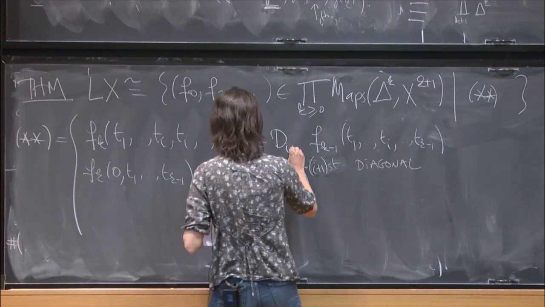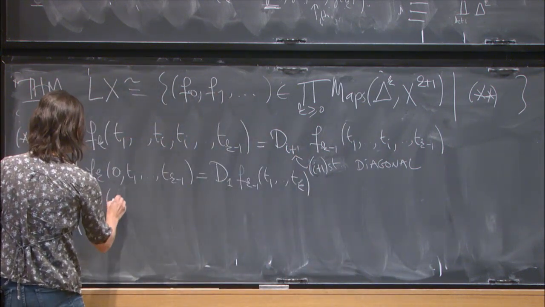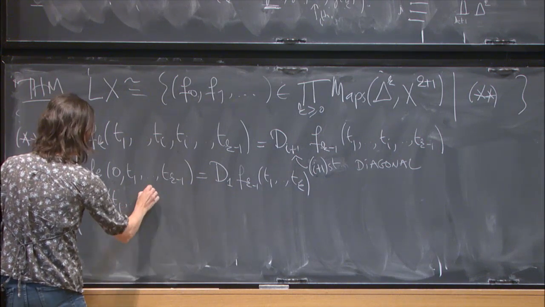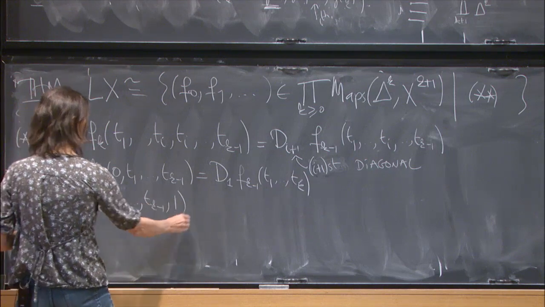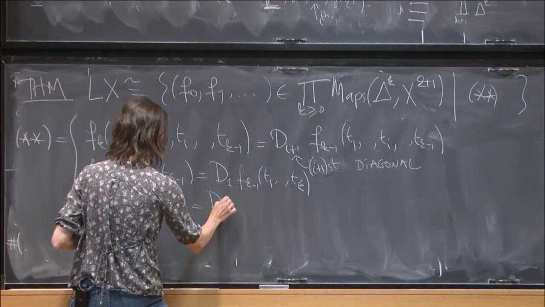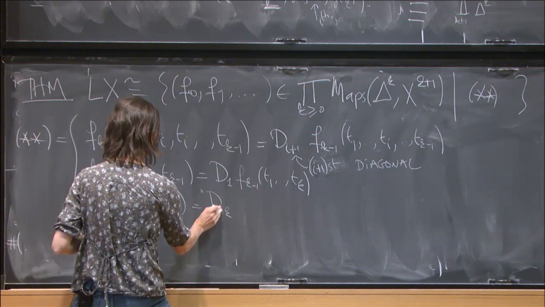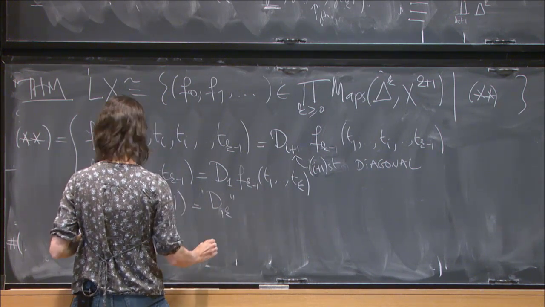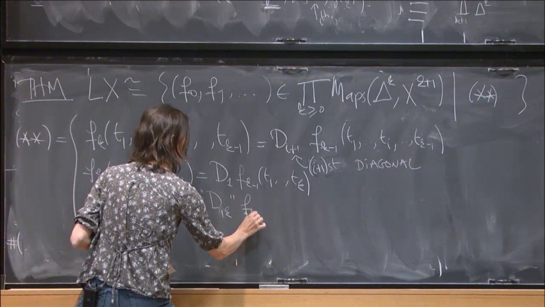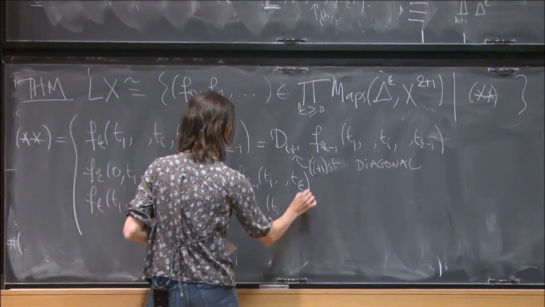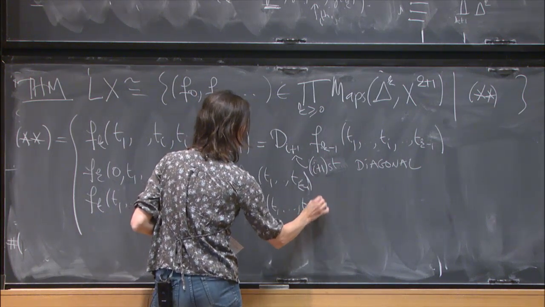Then, if I put a 1 at the end, that's the last boundary map, so let me write it as some diagonal, d_{0k,1k} or something like this, of fk minus 1 of t1, ..., tk minus 1.